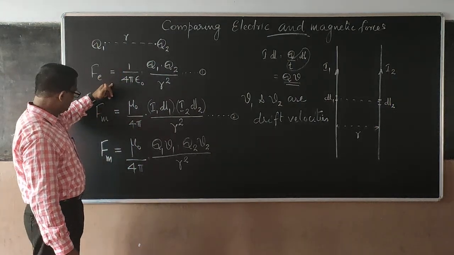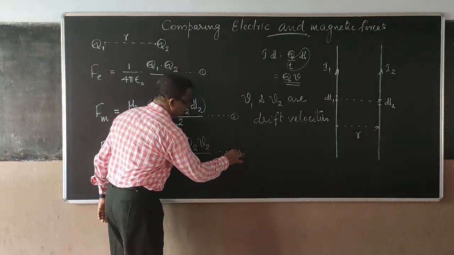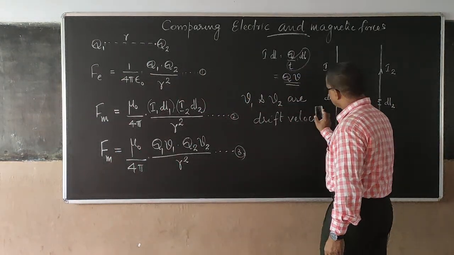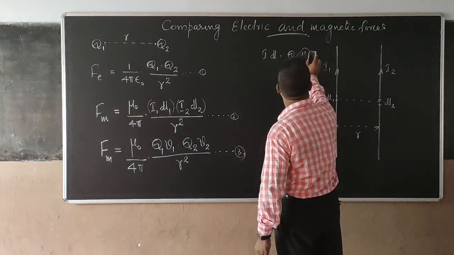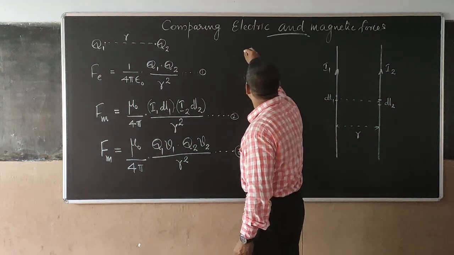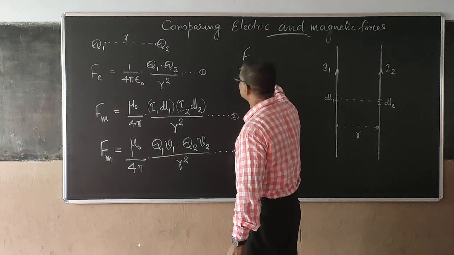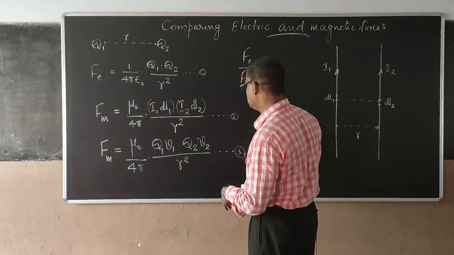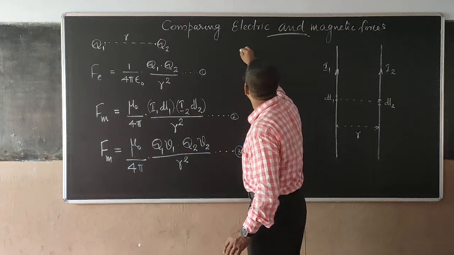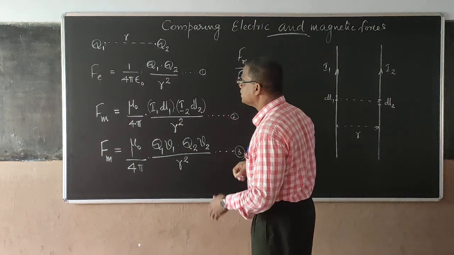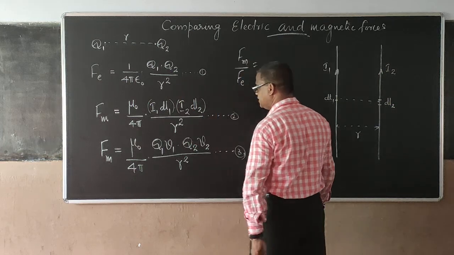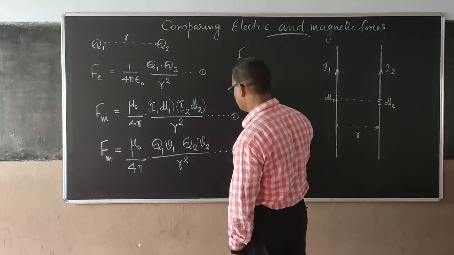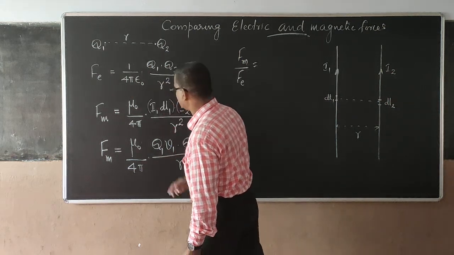Now you can compare Fe and Fm. When you compare Fe and Fm from equations 1 and 3, with the drift velocities, and take Fe by Fm, or rather let us take Fm by Fe, you can see r square, then Q1 and Q2, all these cancel, and 4 pi and 4 pi also cancel.